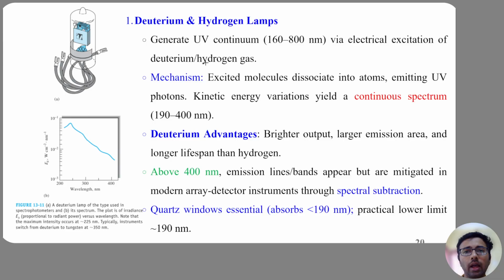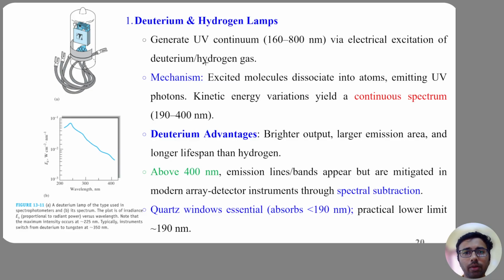Deuterium and hydrogen lamps are the standard ultraviolet sources. They cover approximately 160 to 800 nanometers. Their operation is based on electrical excitation. An electrical arc passes through low pressure gas. This excitation breaks molecules apart. The molecules dissociate into individual atoms.